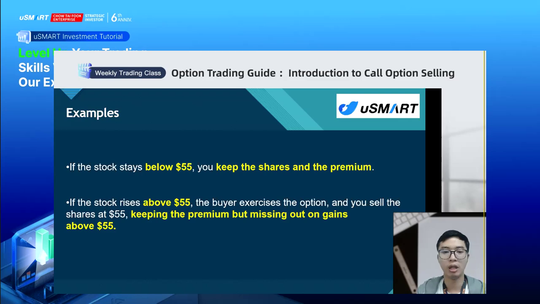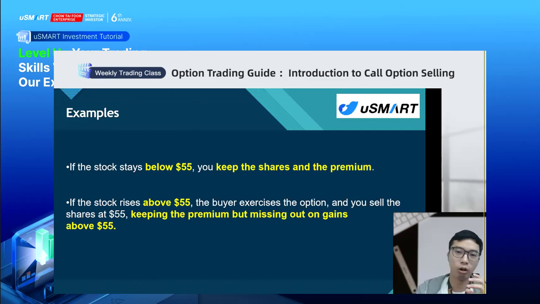And if the price rises above $55, the buyers will exercise the option, because call buyers will exercise the option when the price moves above the strike price. And as a call seller, you have the obligation to sell to them.